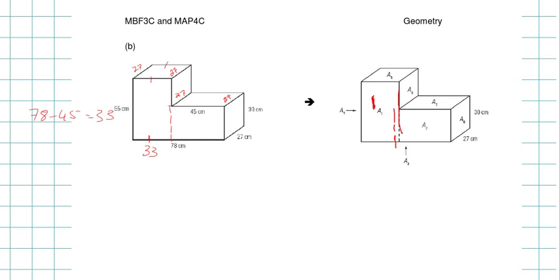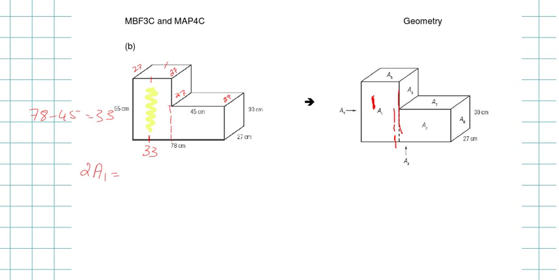So if I'm looking here, eyes on me for a second. This, which is A1, I only have another one that's similar to it, which is on the back side. So that means I have 2 of the A1. The formula for A1 is length times width. The length is 55 and the width is 33.